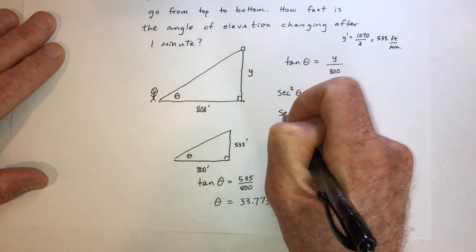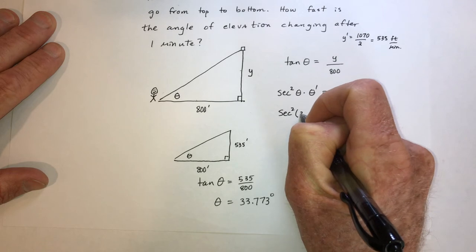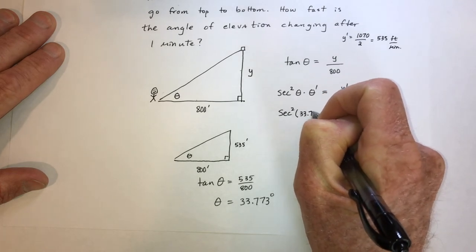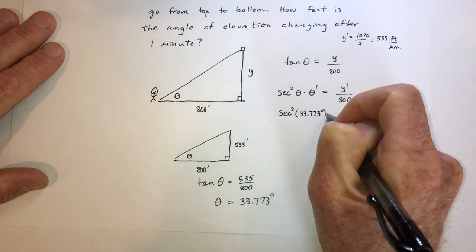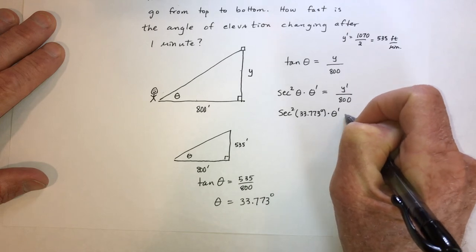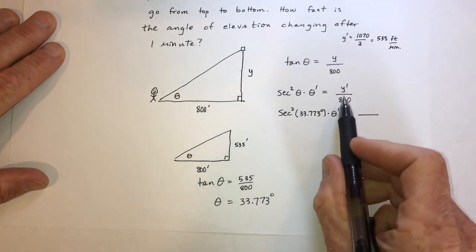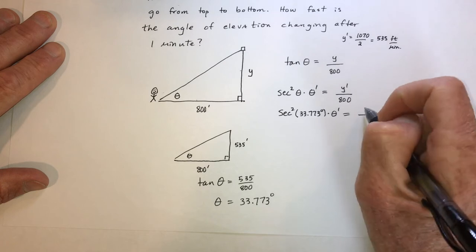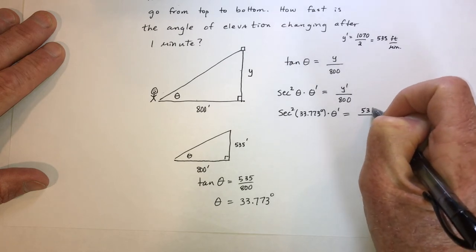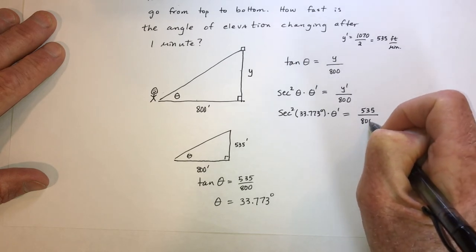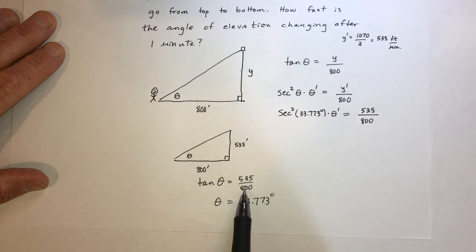So it's going to be secant squared of 33.773 degrees times theta prime. And then the y prime is this 535 over 800. That seems to be showing up quite a few places, doesn't it?